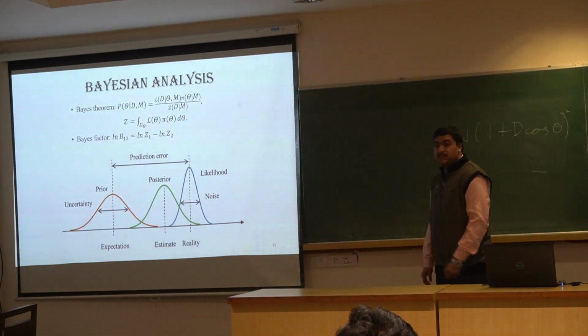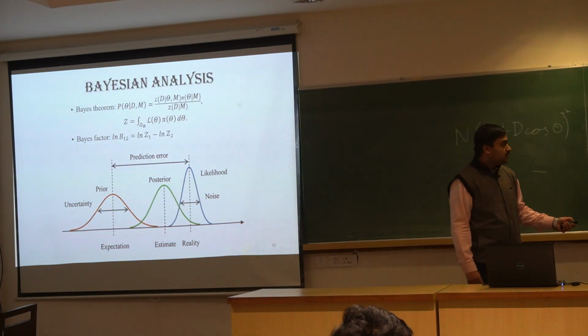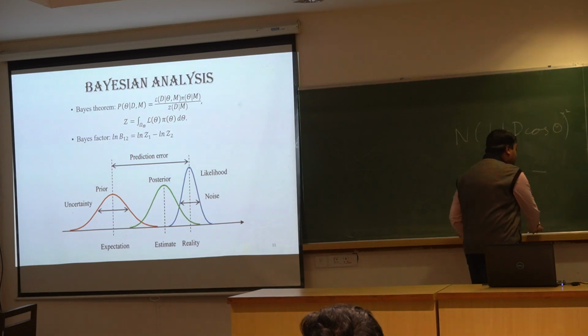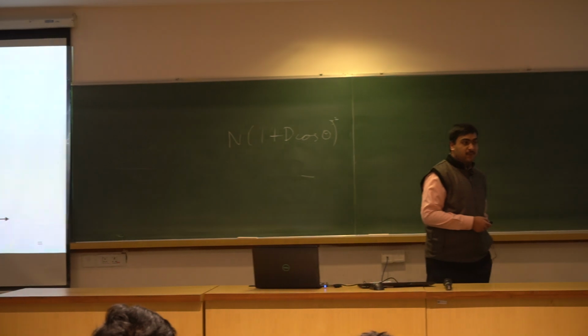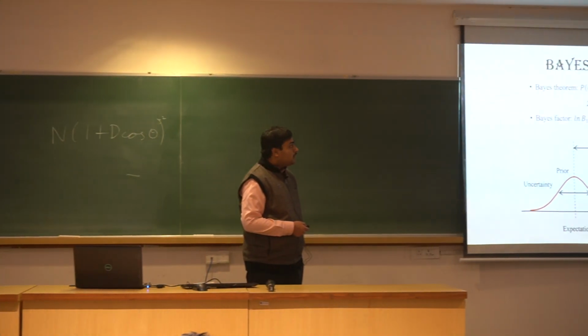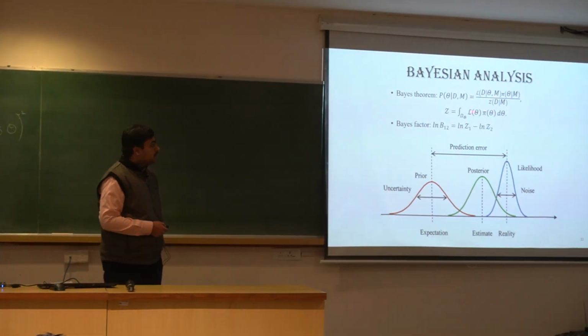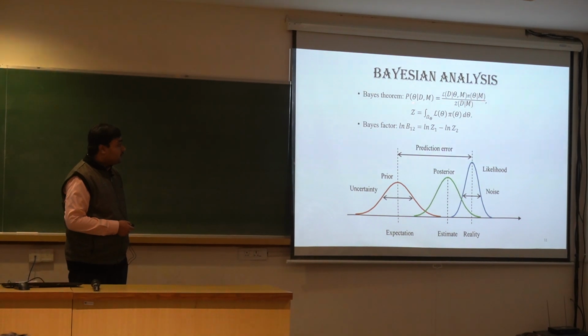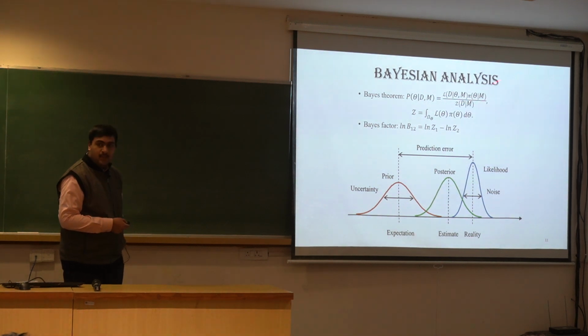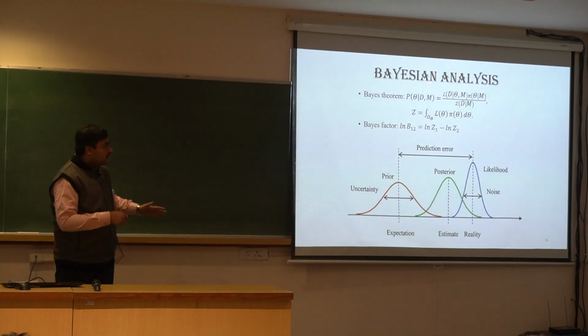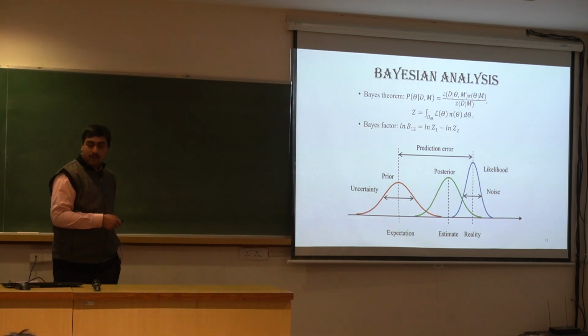Enter Bayesian statistics. I have written Bayes' theorem in this form because it will help in understanding what is going on. Assume that there is a model M with free parameters theta, and you want to fit it to a data set D. Then the probability distribution for your free parameters would be proportional to the product of the likelihood of observing that data set given the model, times the prior, like prior constraints on your free parameters given your model.